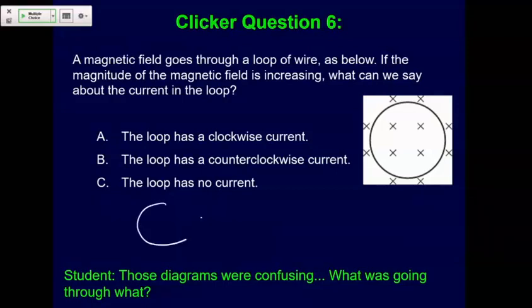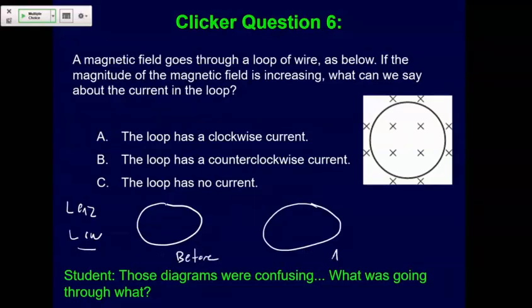When we're talking about this thing called Lenz's Law, which the video talked about, what I like to do is draw two pictures, a before and an after. In this case, a magnetic field goes through a loop of wire as below. If the magnitude of the magnetic field is increasing, what can we say about the current in the loop? What they're asking about is the induced current in this loop.